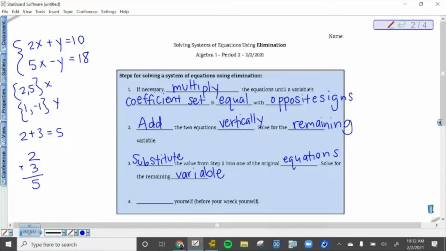And then like what I did with that substitution problem, our last step is to check ourselves. And you can do that by plugging in the value for x into x, the value for y into y. And just another reminder, our solution is always written as an ordered pair, x comma y.